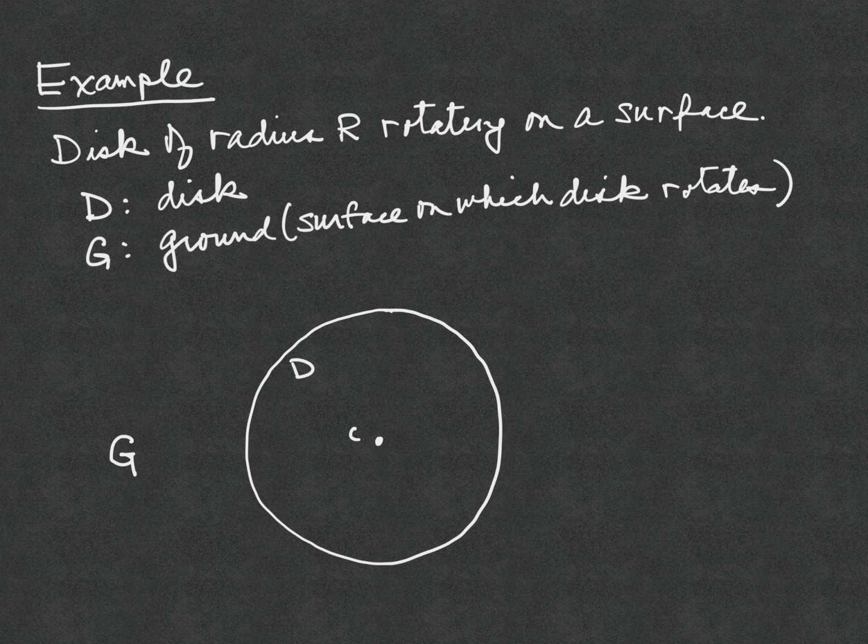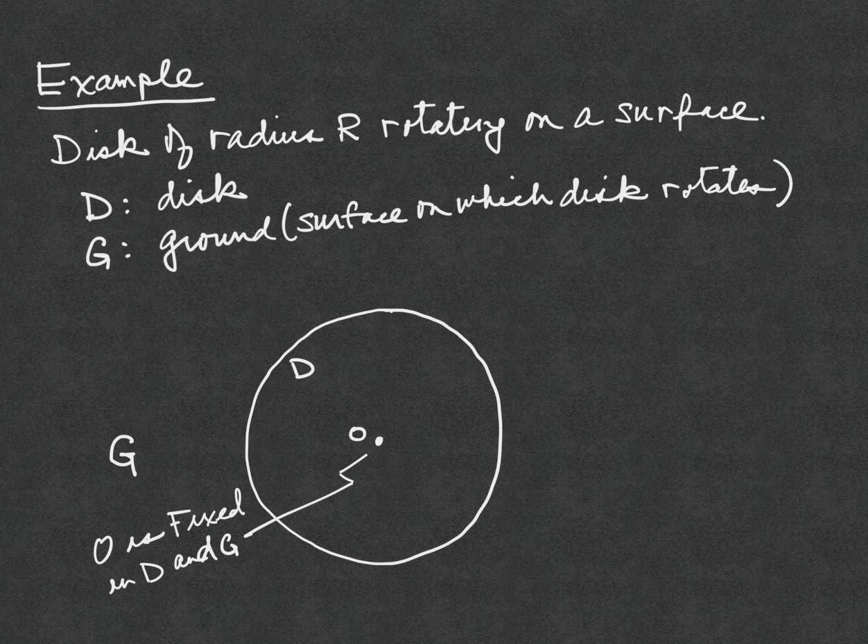All right. Now, in order to make this a little bit easier, O is going to be fixed in D and G. Now that's the same picture that I had earlier when I said that there's a point common to both frames.